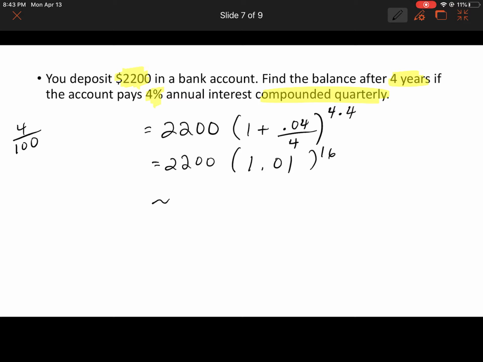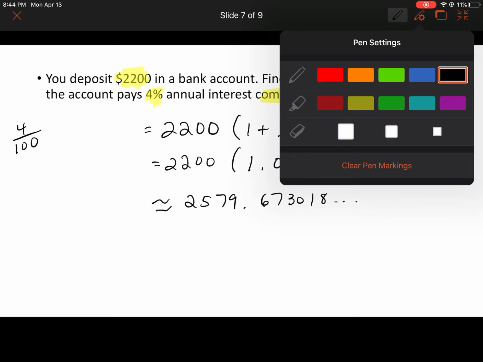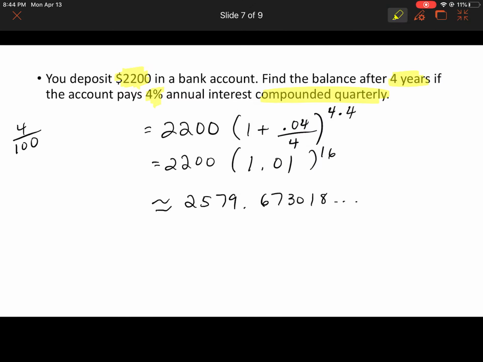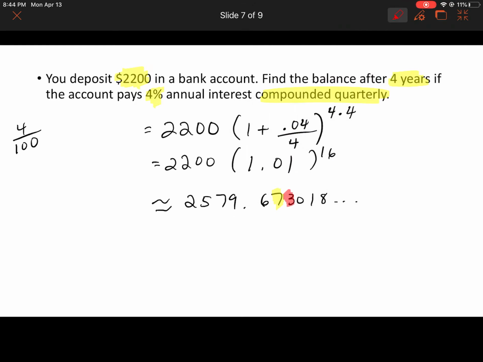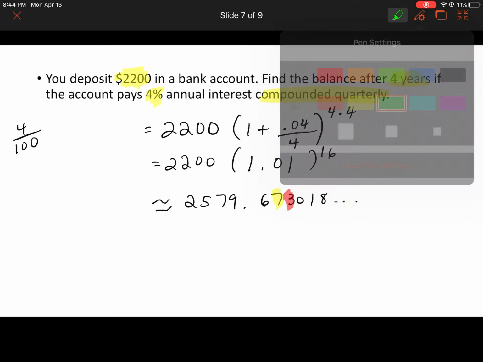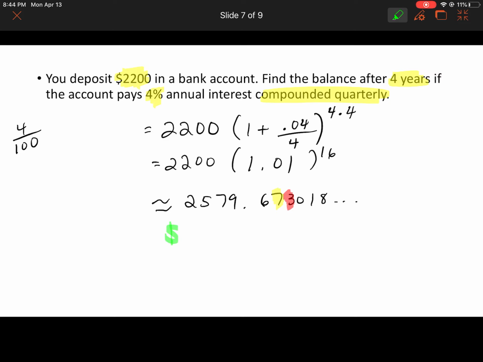From this, I get approximately 2579.673018, and so on. It's still money, so I'm still going to be looking at this value and this value. We're going to take our value and round it to the nearest cent.